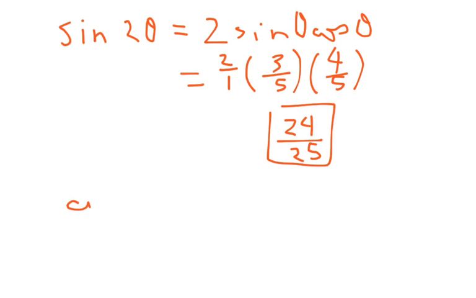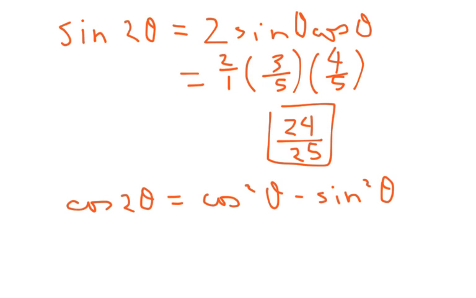Okay, cosine of 2 theta. I'm going to go ahead and use cosine squared minus sine squared. So cosine squared of theta minus sine squared of theta. Okay, so cosine of theta is 4/5. And we're going to square that.